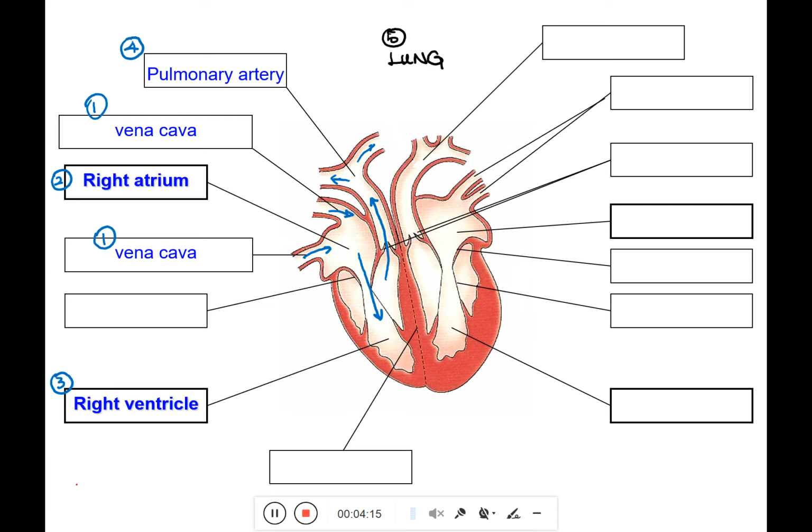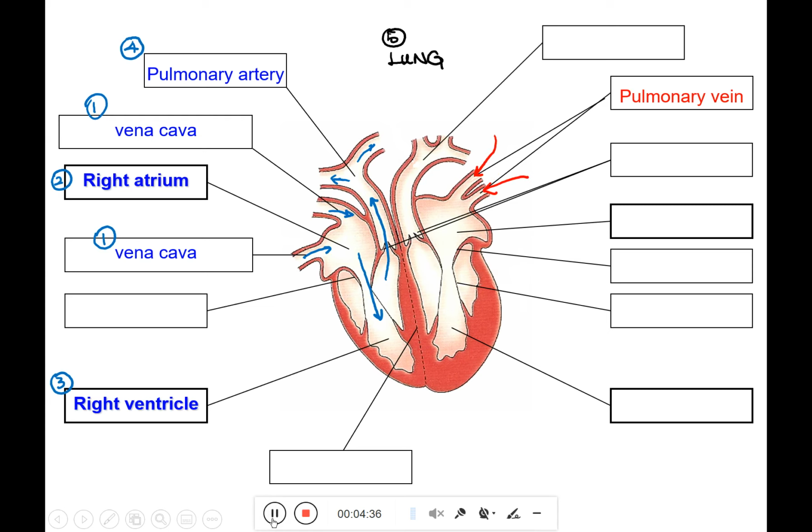Oxygen diffuses into the blood so that the blood becomes oxygenated, and it returns to the heart through veins, and that is called pulmonary vein.